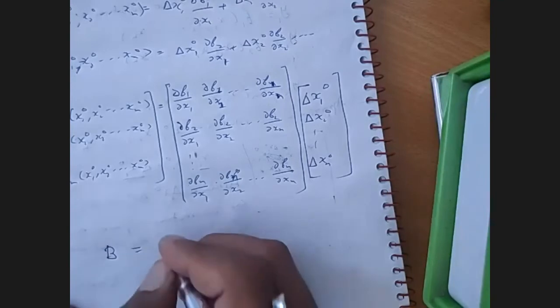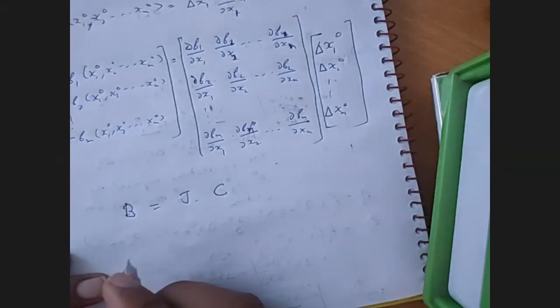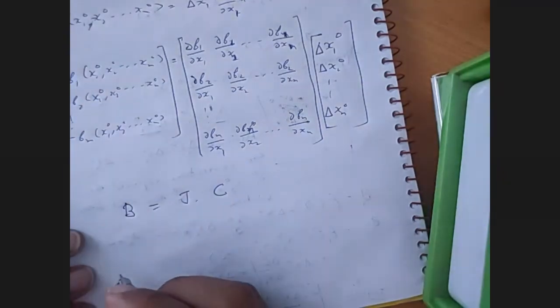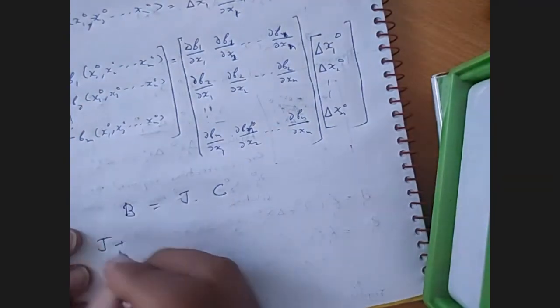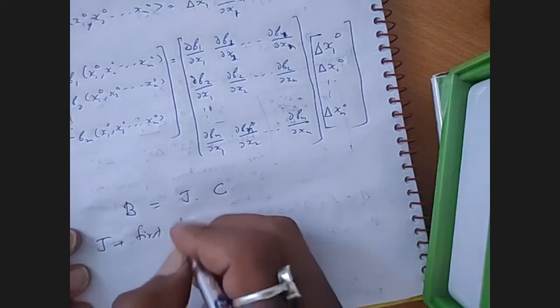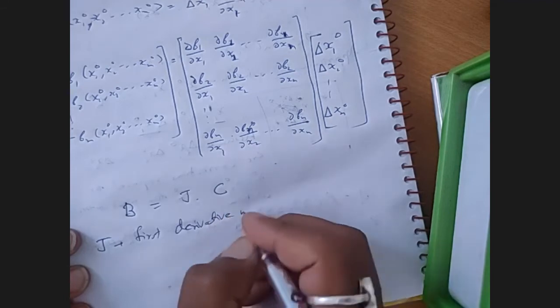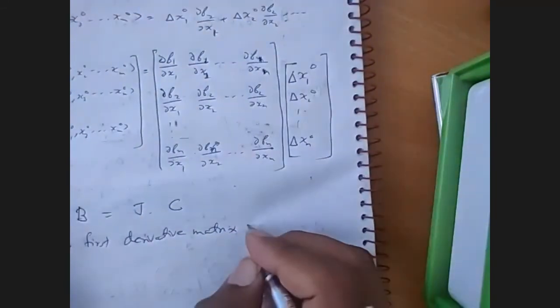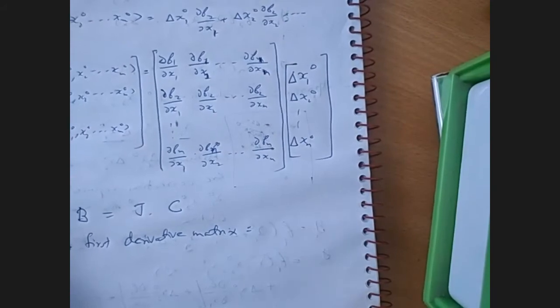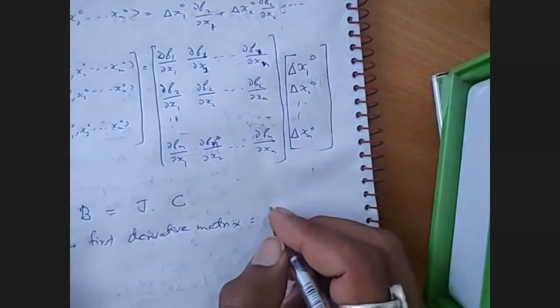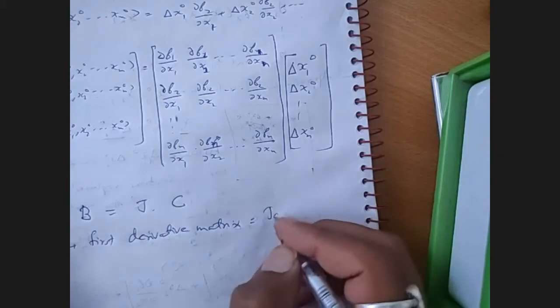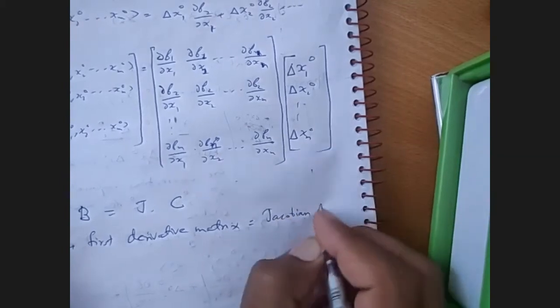So generally, we will write it as B equal to J into C, where J is the first derivative matrix and it is known as the Jacobian matrix.